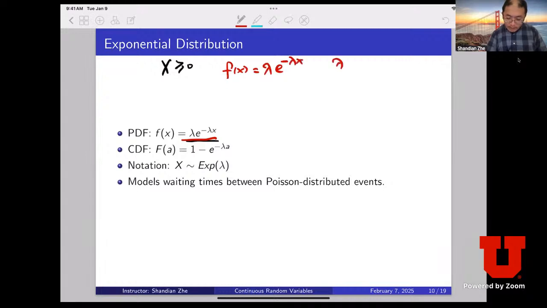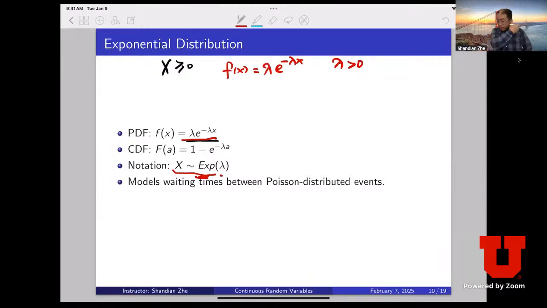And here lambda is a parameter of this distribution, which is always positive. And then we can denote a random variable under exponential distribution in this way: X follows an exponential distribution with parameter lambda.